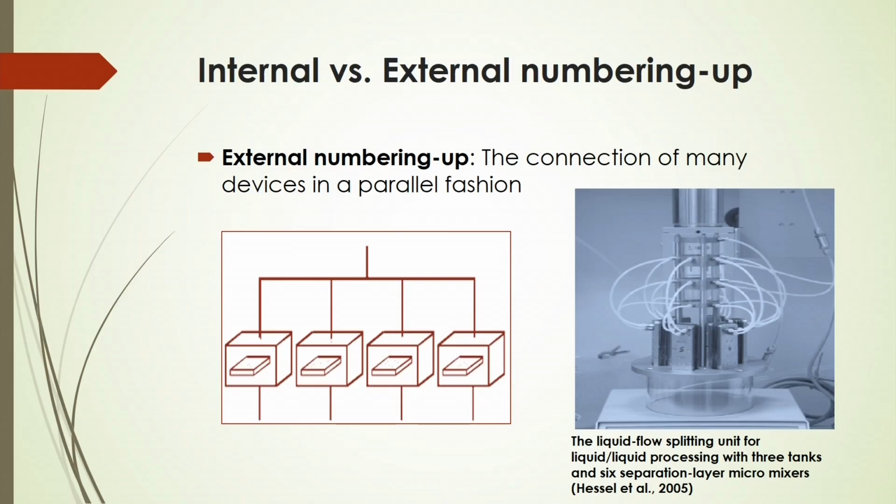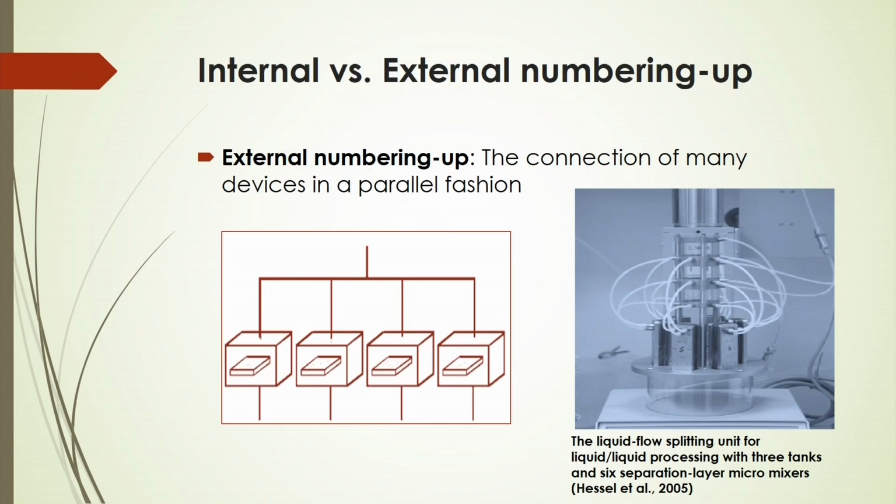Now, there may be two types of numbering up, one internal, another external numbering up. In the case of external numbering up, connecting many devices in a parallel fashion gives you external numbering up.